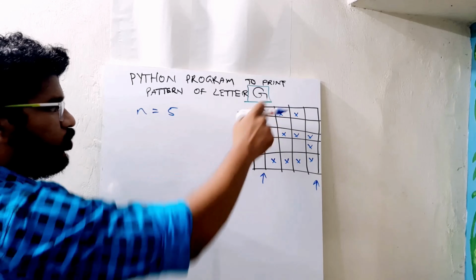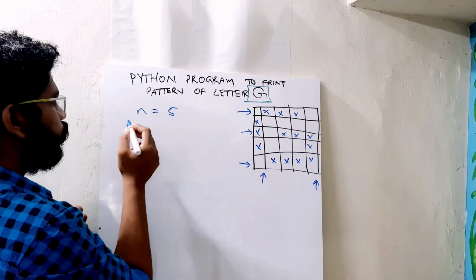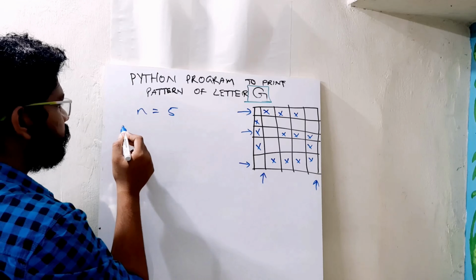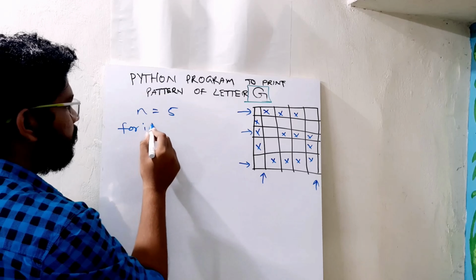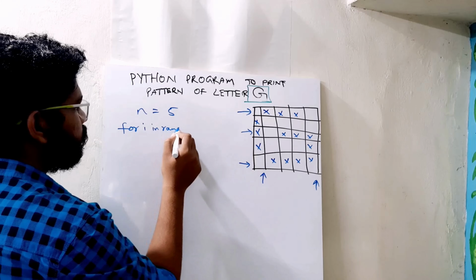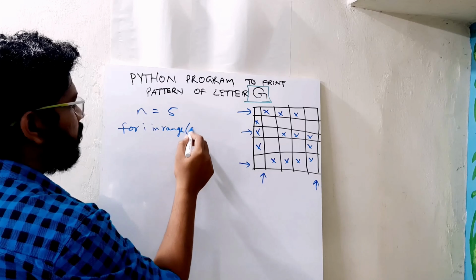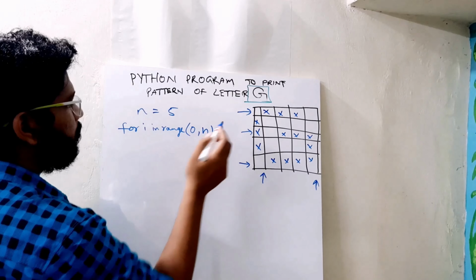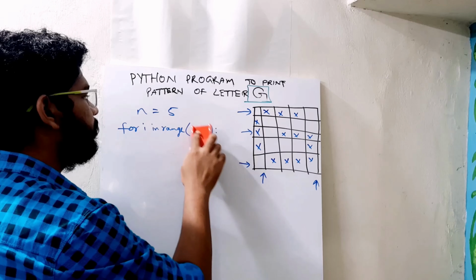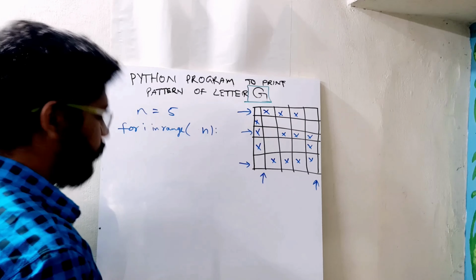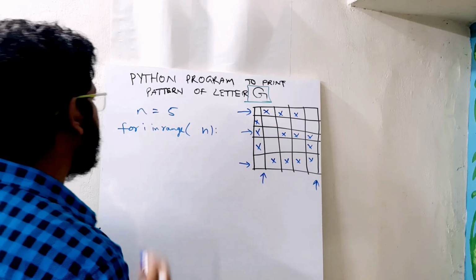First I'll print the first row and last row. So I'll write a condition for printing rows. For i in range 0 to n, or simply for i in range n.